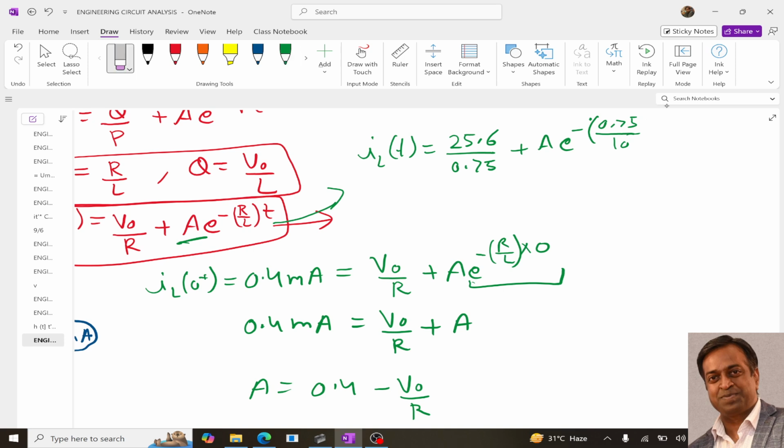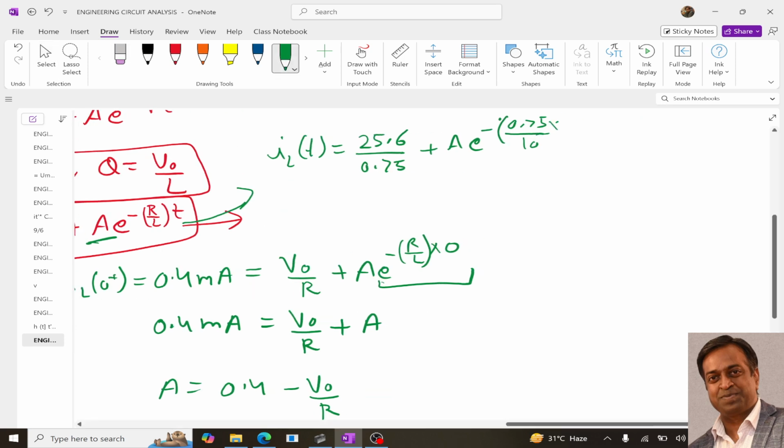We need to write it as 0.75 into 10 power 3 upon 10 into 10 power minus 3, since it is kilo ohm and milli henry. Solving this we will get 25.6, or rather instead of this, 25.3, not 6, it is 3, right?